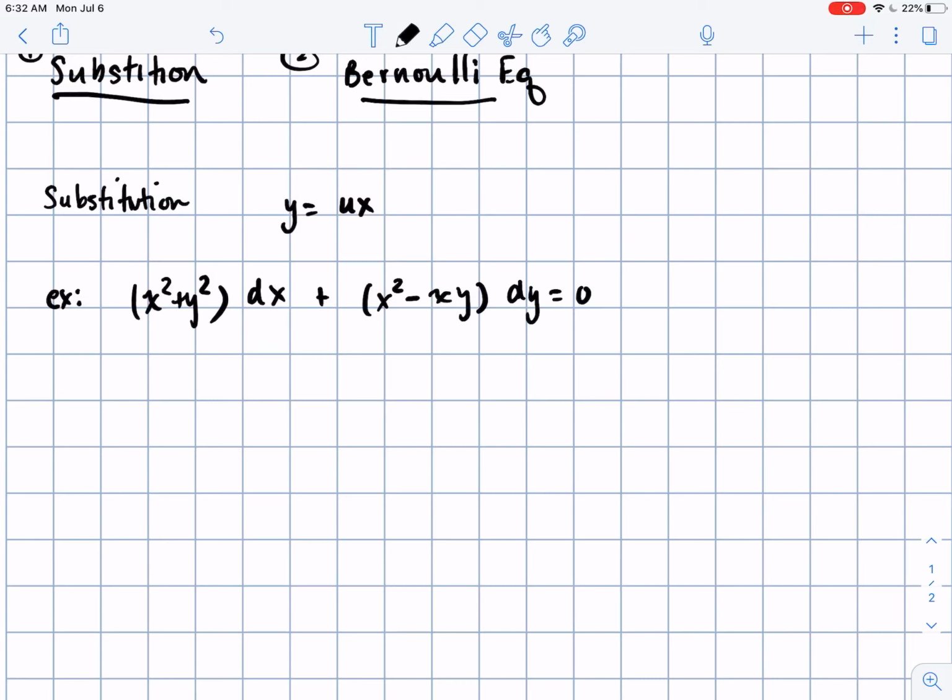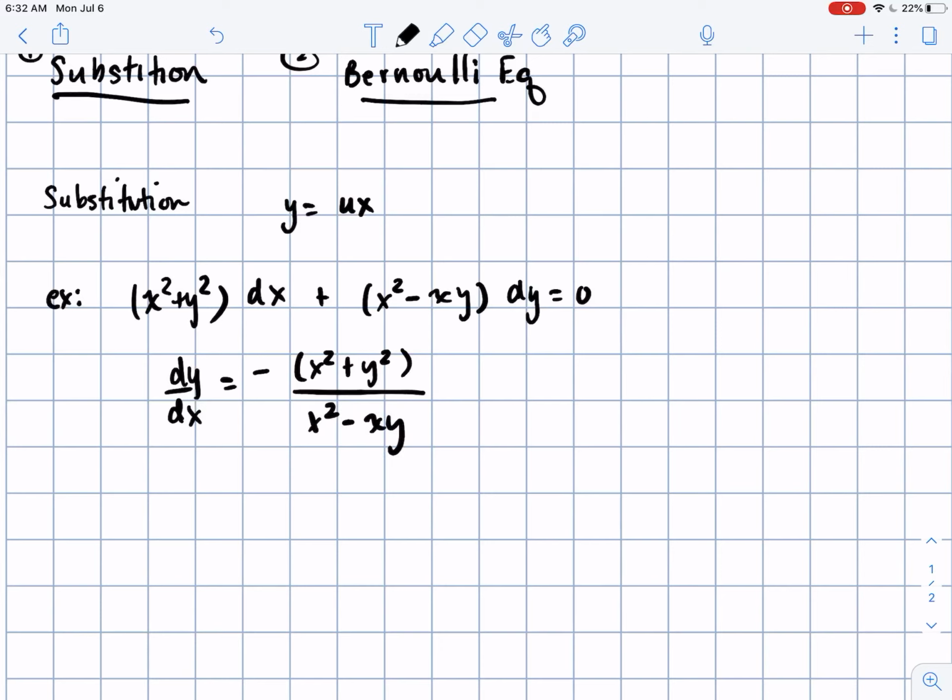Now, what I want to do, using this y equals ux, is do a couple things. I want to first rearrange this differential, right? So I'm going to get dy over dx equals, and this is going to give me a negative x squared plus y squared over x squared minus xy, right?